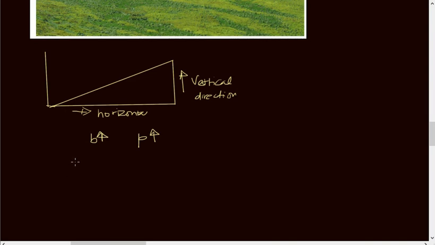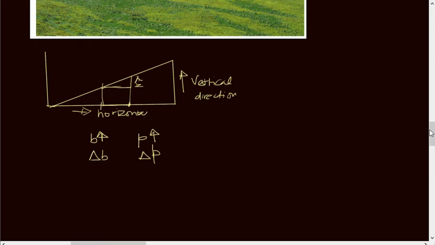But the rate of change, so I call it delta B, change in this direction, and corresponding change in vertical direction is this. So that's delta P.